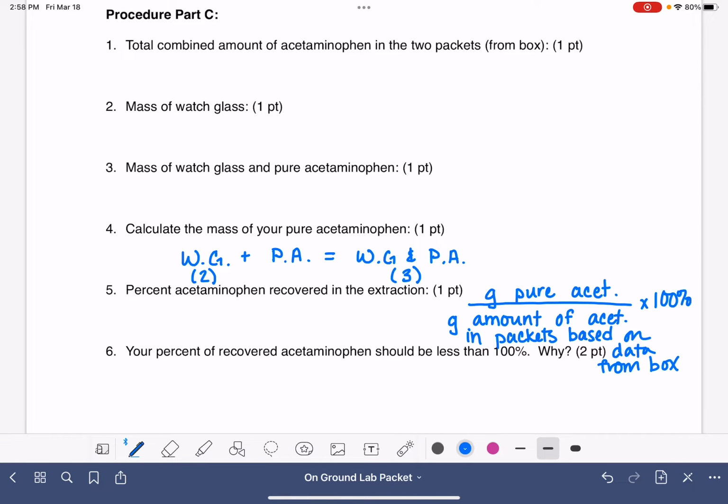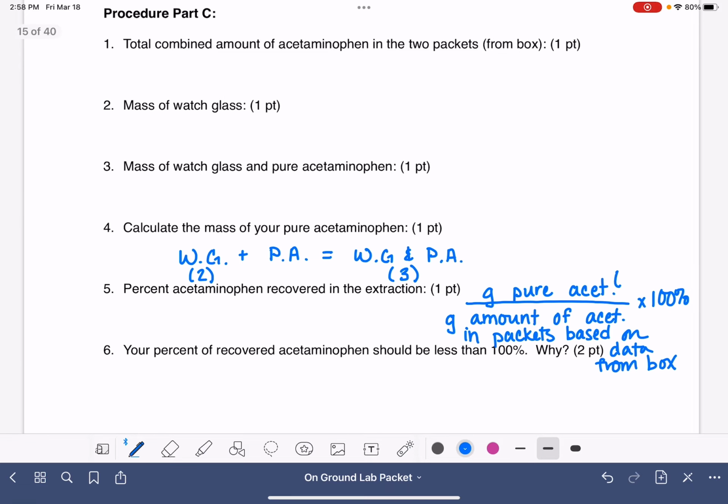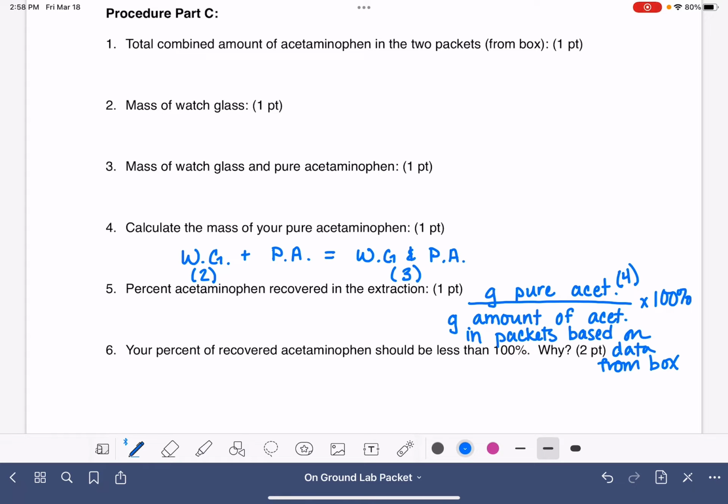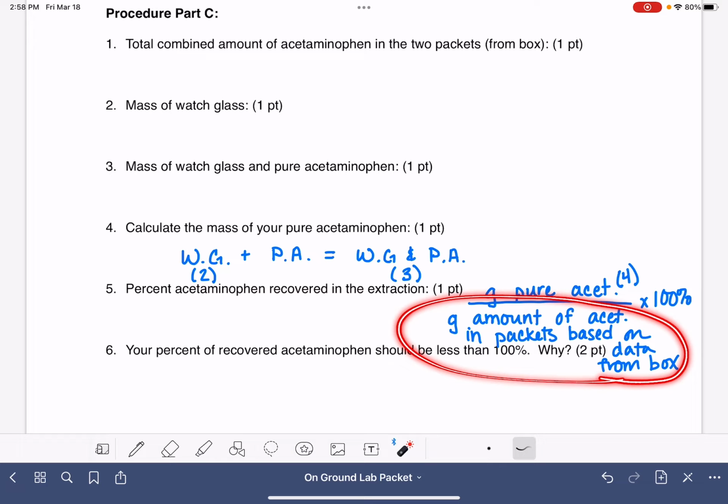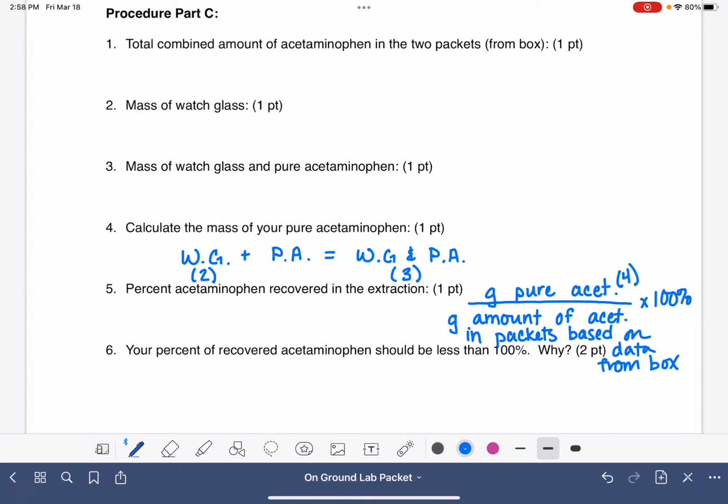The grams of pure acetaminophen, that's the number that you calculated in problem number 4. That's what you figured out right here. And then the grams of acetaminophen in the packets from the box, that's the number that you got from question number 1. So these two, do the division and then multiply all of that by 100 to make it a percent.